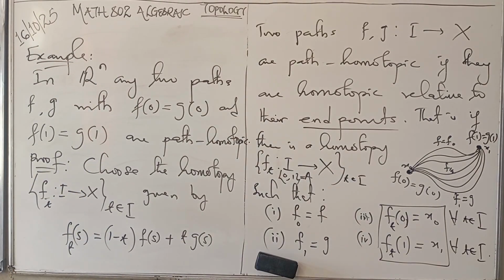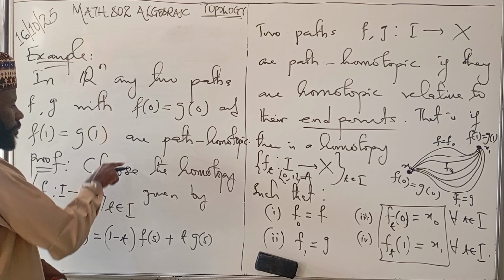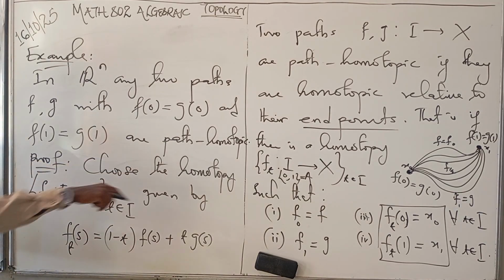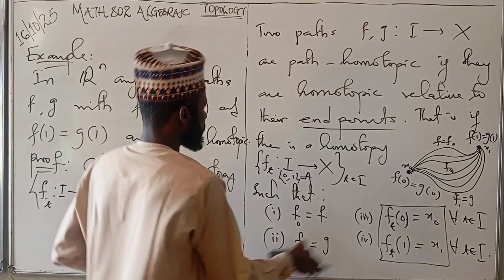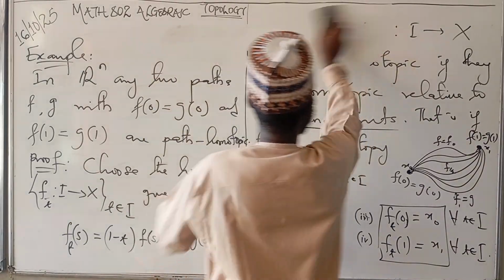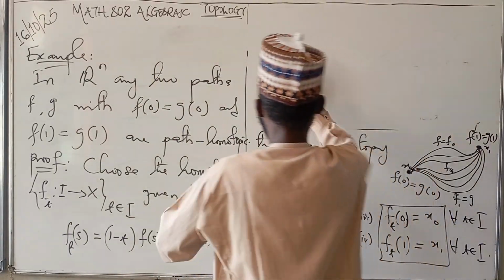This will be a homotopy relative to the endpoints, relative to 0 and 1. It will satisfy the 4 properties over there. You can easily see that it has the properties.